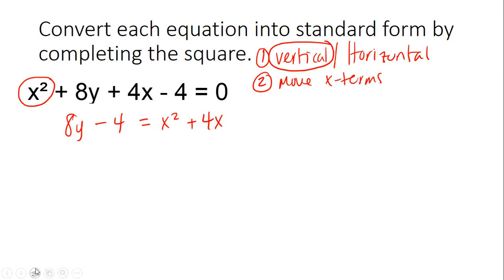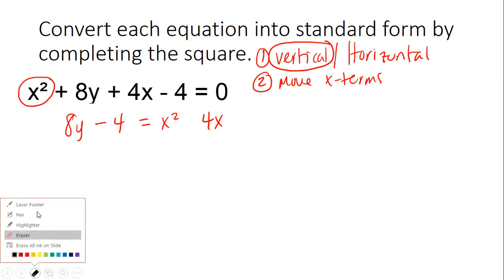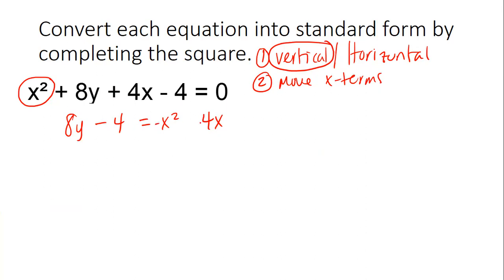Nope, not plus or minus. Yeah, I did that right. Because I have to subtract the x squared and subtract the 4x. Questions about moving our x terms? Questions, comments, concerns about step 2?